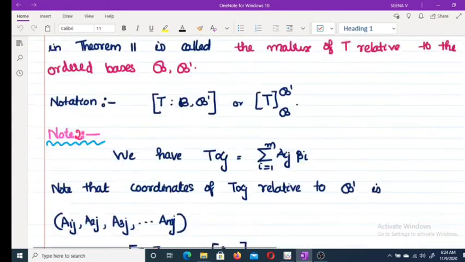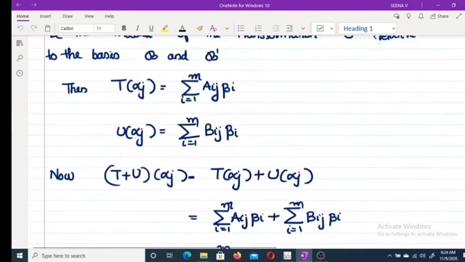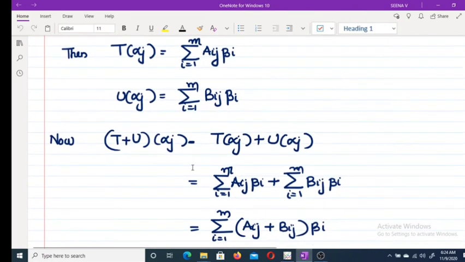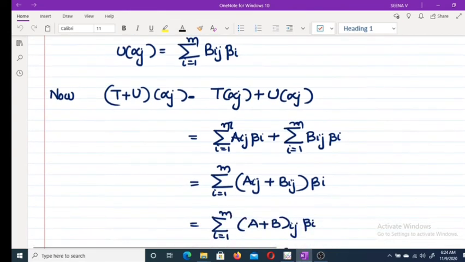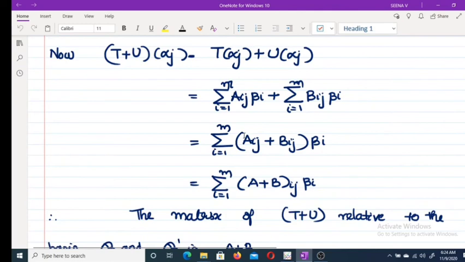Now what is T plus U of alpha j? This is equal to T alpha j plus U alpha j, which is equal to this one. And this is the same as sigma i varies from 1, of Aij plus Bij, beta i. Therefore, what is the matrix of T plus U?